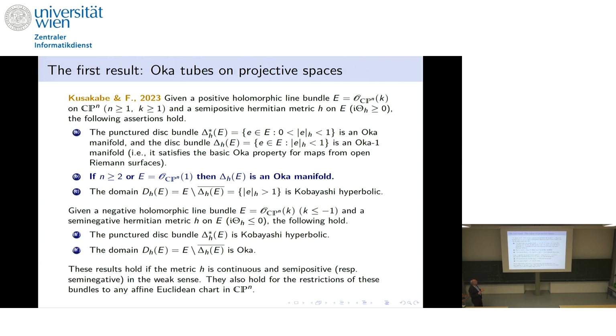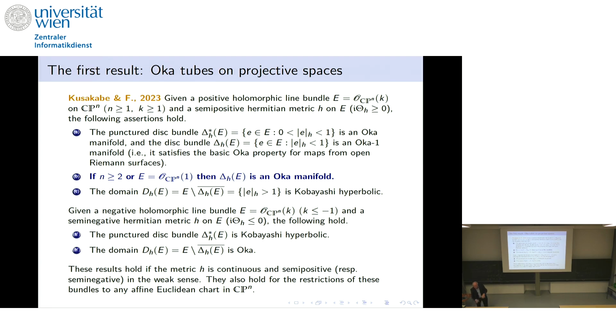The main statement is actually the second one. That's why I made it blue. If n is at least 2, the dimension of the base is at least 2, or if E is the hyperplane section bundle in any dimension, then the disk bundle is an OCA manifold. And the complementary tube, which means the exterior tube where the norm is bigger than 1, is Kobayashi hyperbolic.